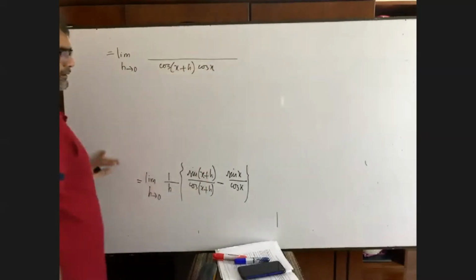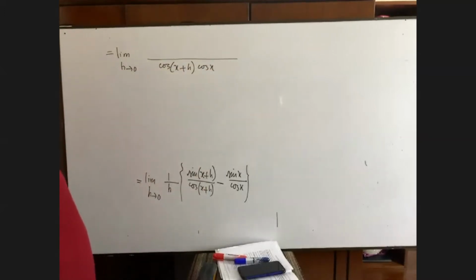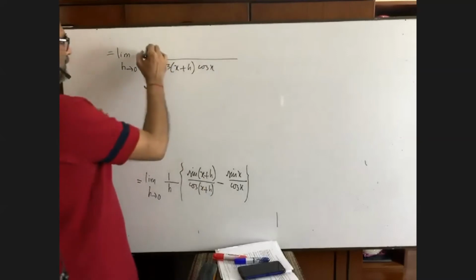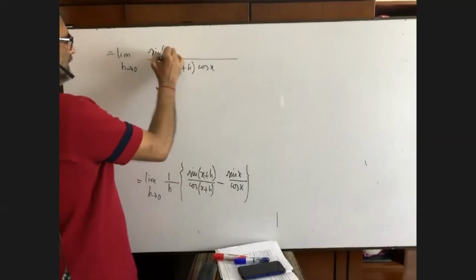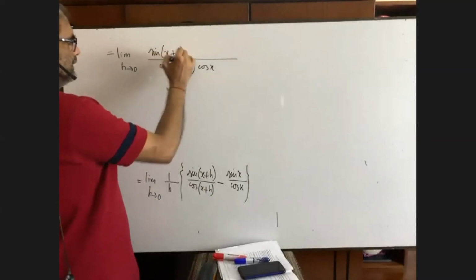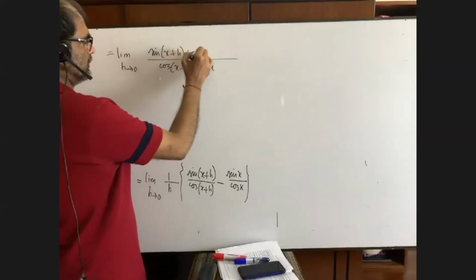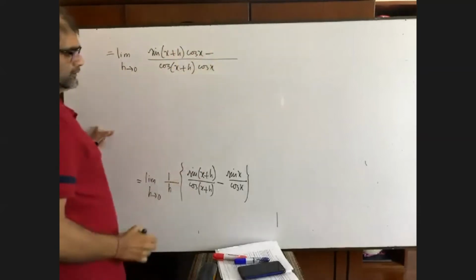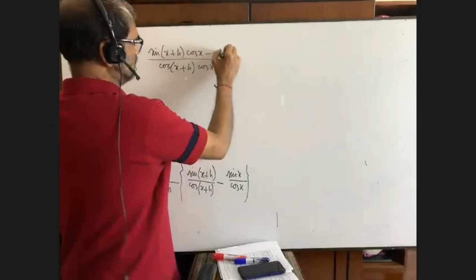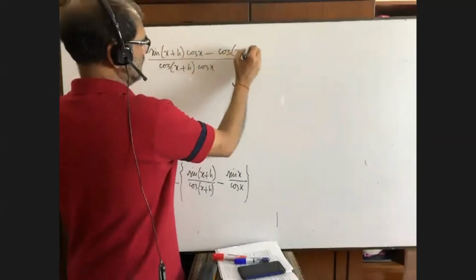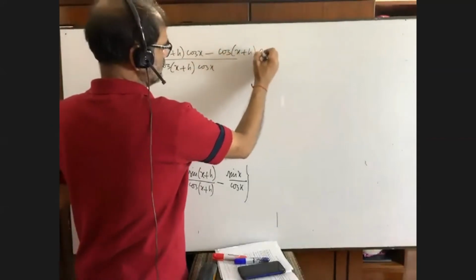That means we are getting in the numerator sine x plus h into cos x minus cos of x plus h into sin x.